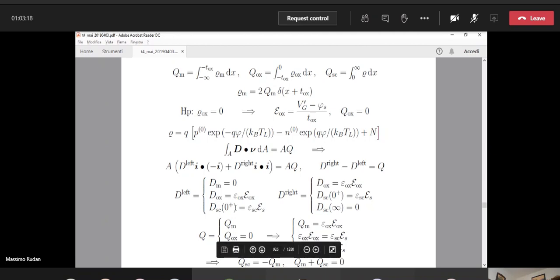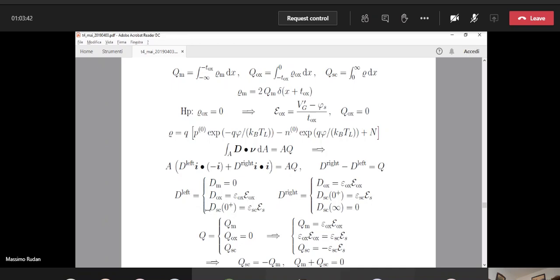And for cylinder number 3, it is the displacement vector at the interface between insulator and semiconductor, but on the semiconductor side. So this is the origin, 0 plus, sorry.